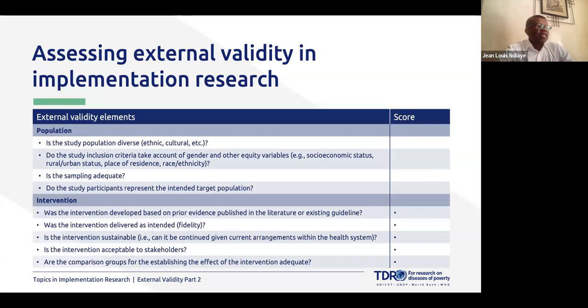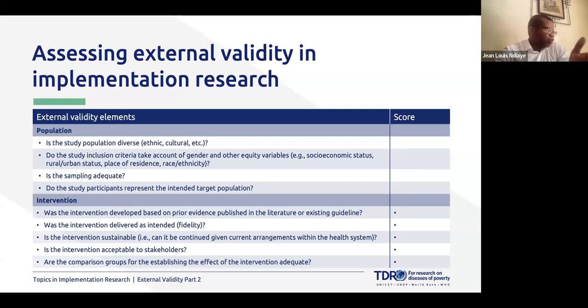Let's go deeply into the population, for instance. These are scores that can be applied, and these are the questions you can ask when you are assessing the external validity. For example, for the population, the first question is: is the population diverse? Diverse meaning ethnically or culturally? Does the study inclusion criteria take into account gender or other equity variables, meaning socioeconomic status?